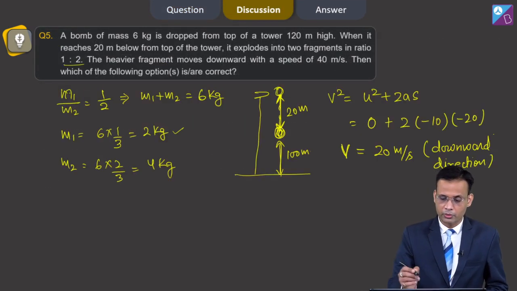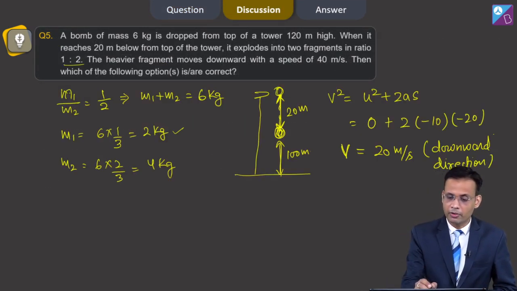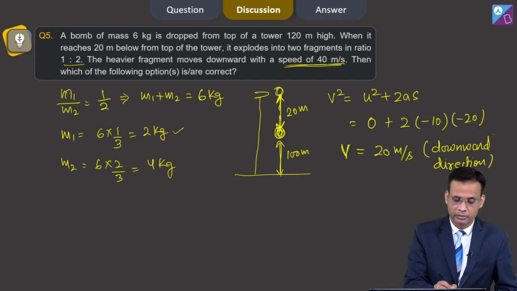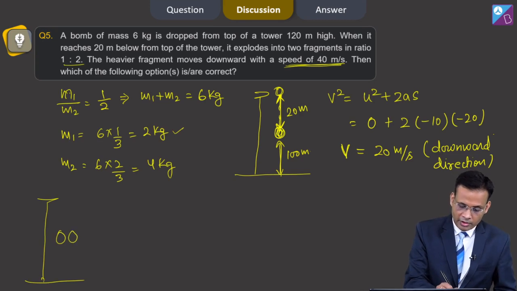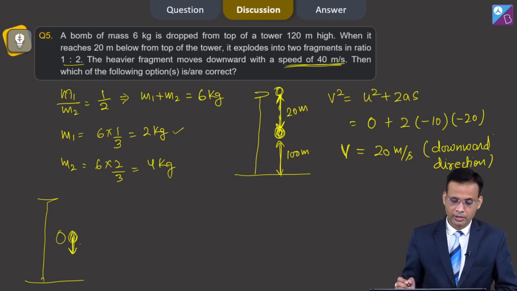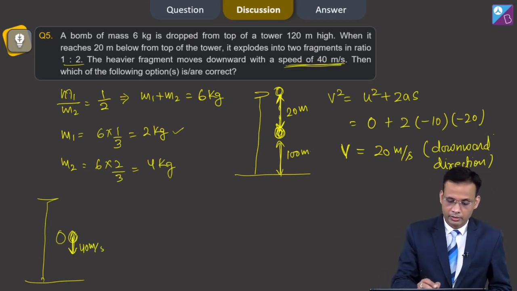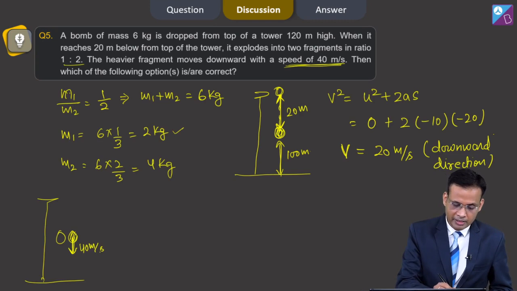When this bomb explodes into two fragments, this heavier mass moves in downward direction with a speed of 40 meter per second, and we have to find the time taken by this mass to reach the ground.